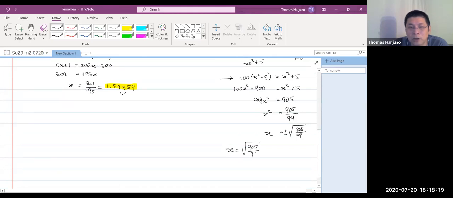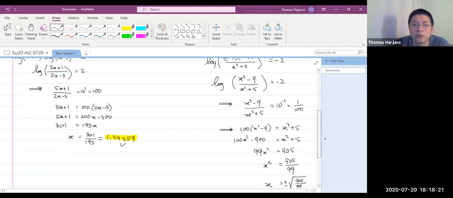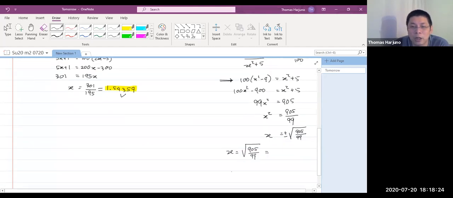The positive branch, I think when you put it in, the positive branch is okay. Right? The negative branch will not be okay, because when you plug that in, you get a negative argument. So let's see, that's 905 divided by 99. When I do the square root, I get 3.02348, and this is negative 3.02348.